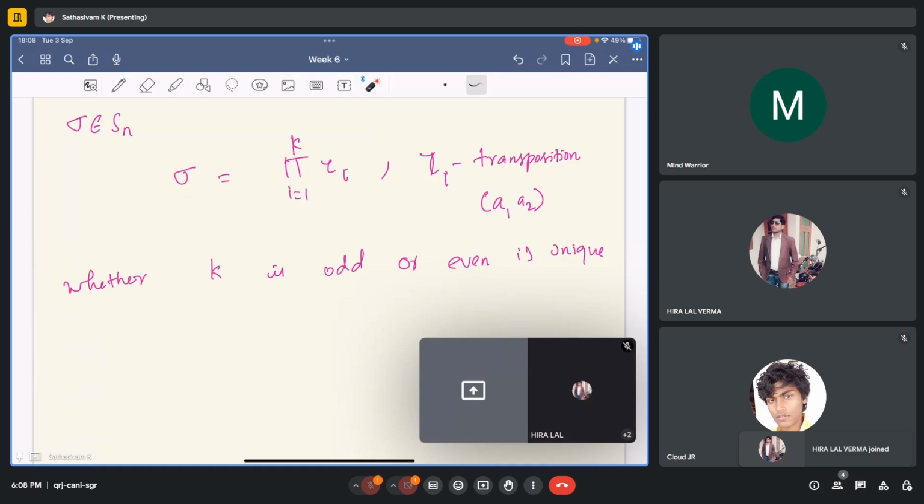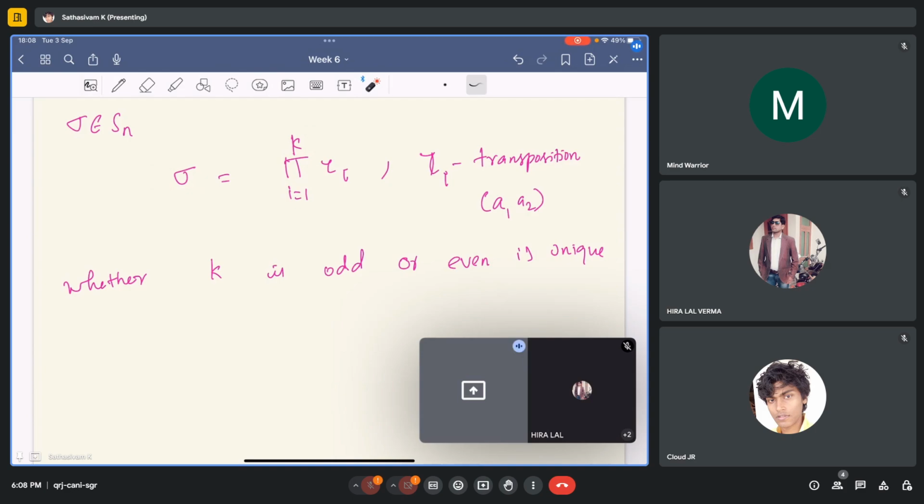We say a sigma is an even permutation if, when you write it as a product, this k is even. If k is odd, it is called an odd permutation. So that is what we did.